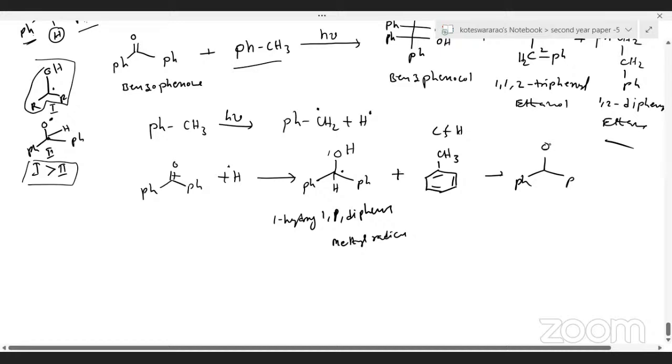Here OH is there, and the newly coming hydrogen forms a C-H bond. Now it leads to the formation of a benzyl radical again. This benzyl radical, or toluene radical, is generated. Now this toluene radical and this toluene both will combine together.